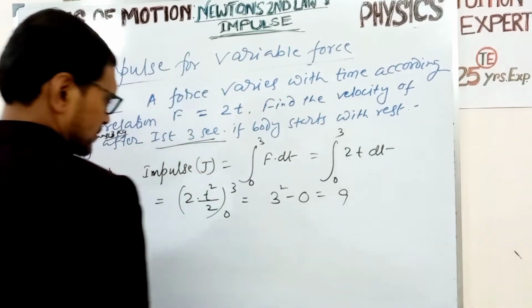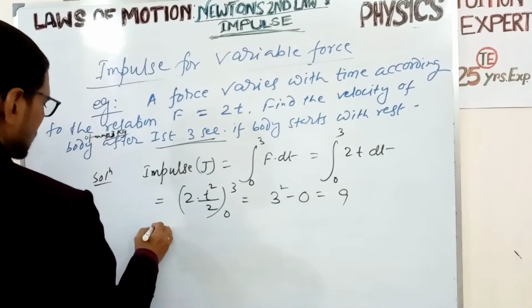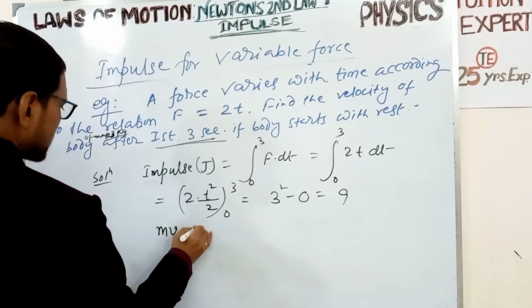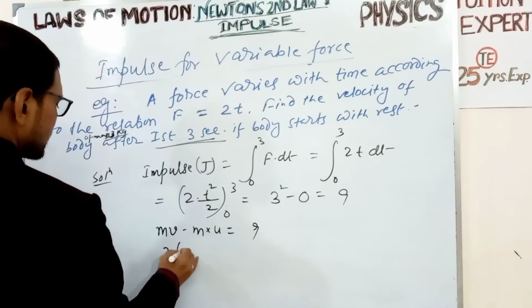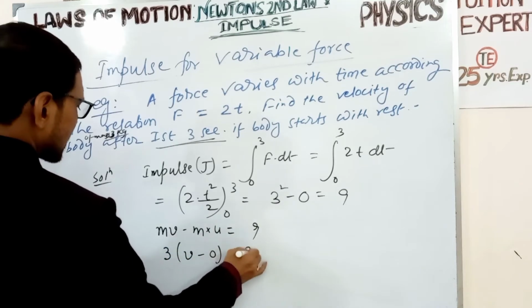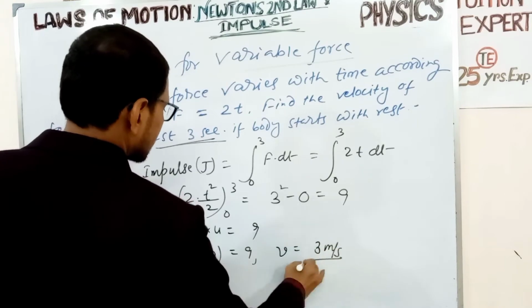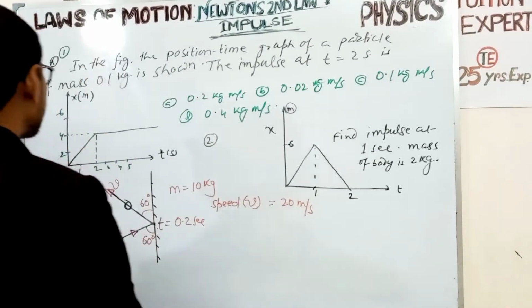So this is equal to impulse. Now impulse equals change of momentum. So m v minus m into u equals 9. m equals 3, v minus 0 equals 9. So velocity equals 3 meter per second. This is the answer.